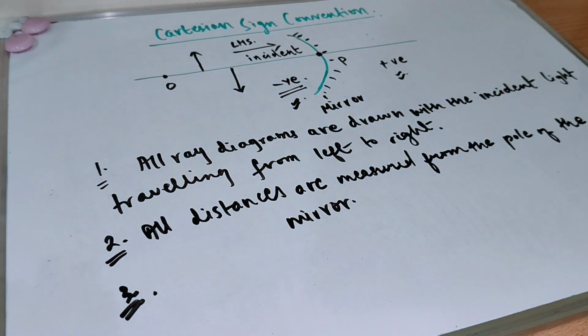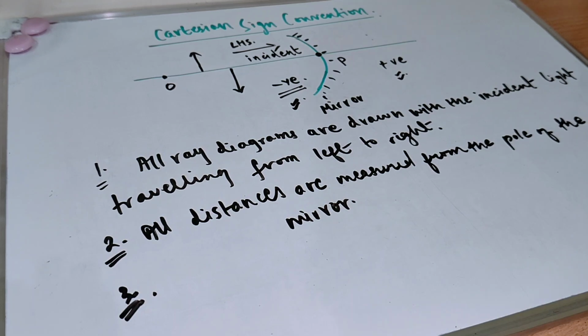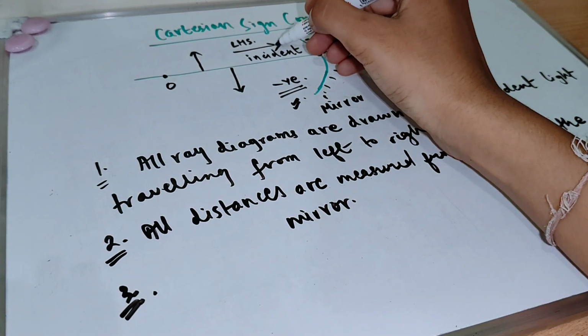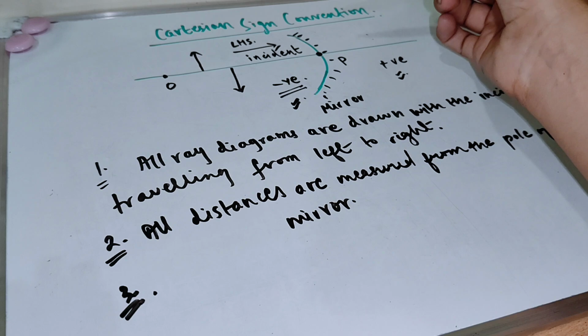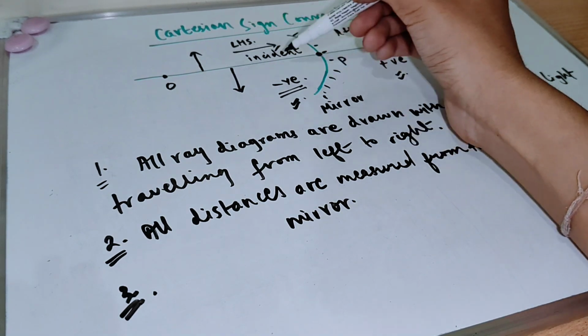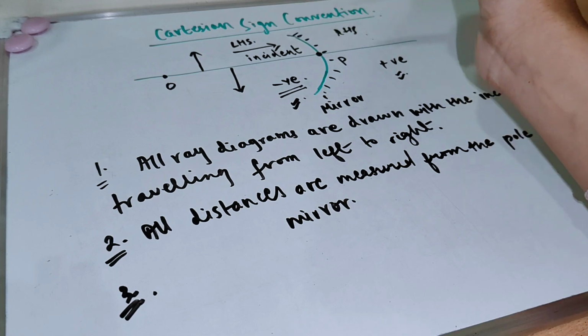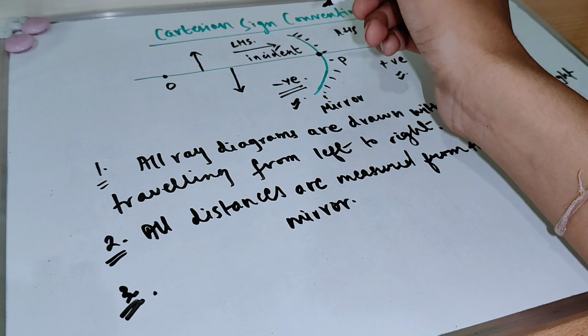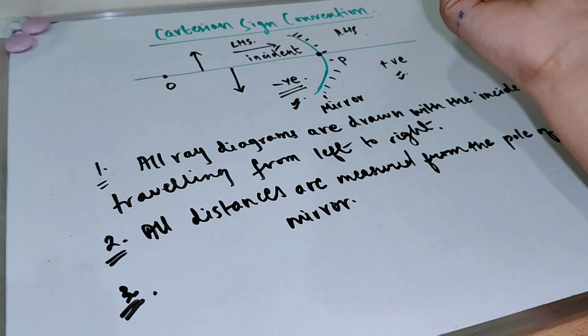Now the third point of the sign convention is that all the distances measured in the direction of incident light are taken to be positive. Like I have said earlier, the incident light comes from the left hand side and its direction will always be to the right.